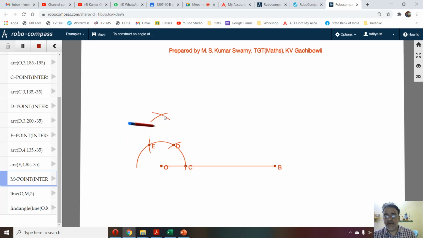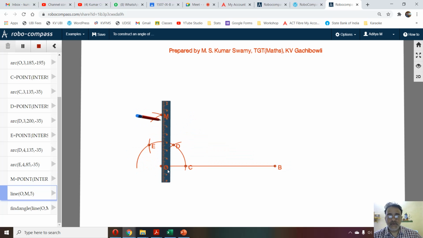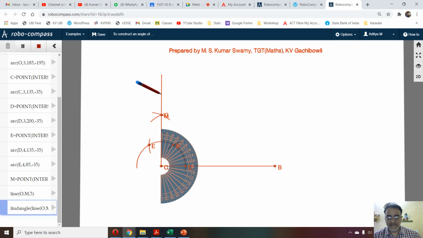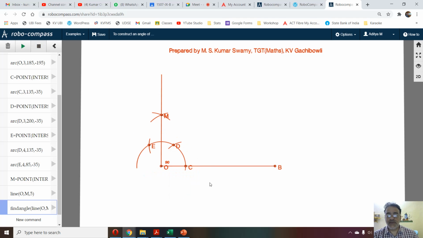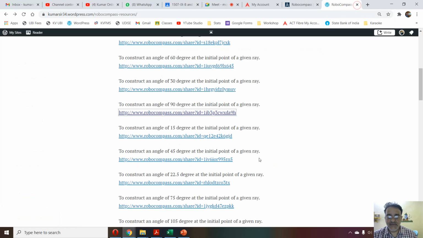The radius should be more than half of DE. So let this point of intersection be M. Now draw a line through OM. We can check the angle also, 90 degree.